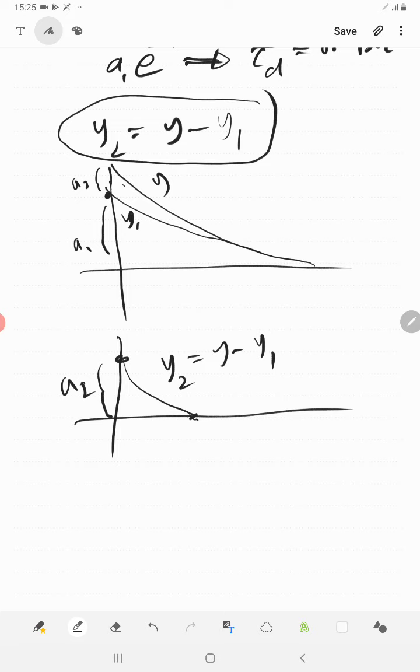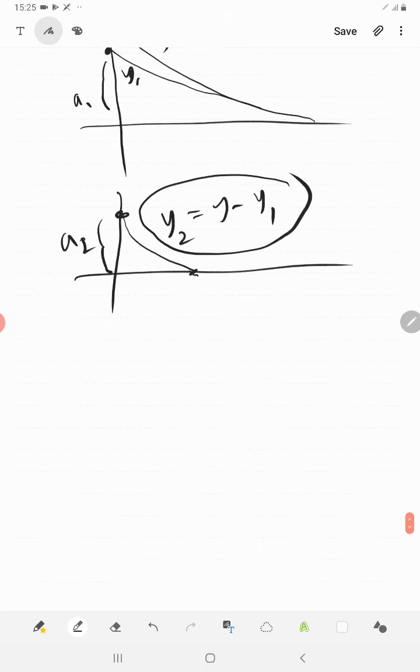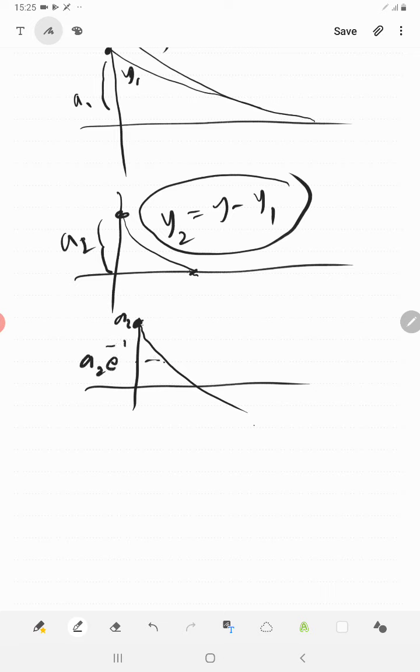Now, for this Y2, we can use both scales. Here is A2, and here is A2 e to the minus 1.